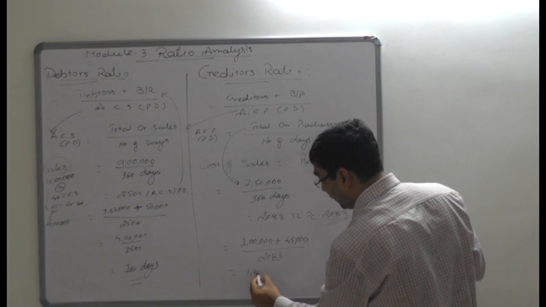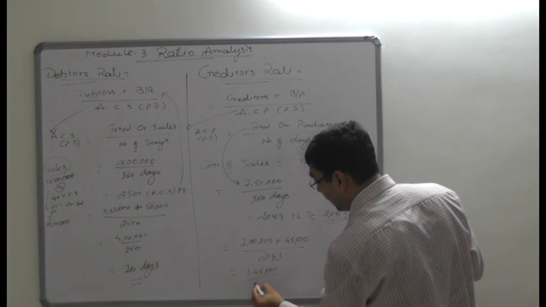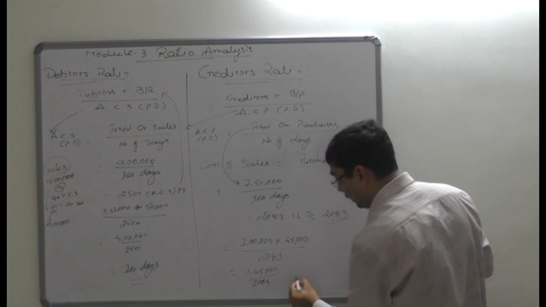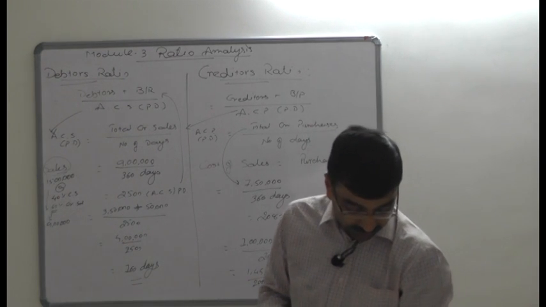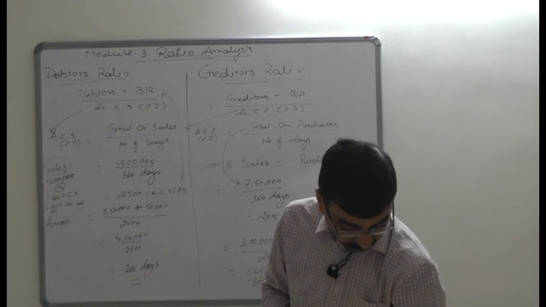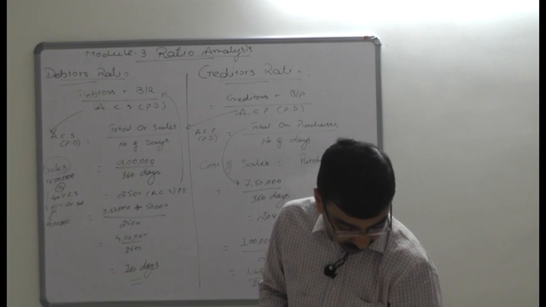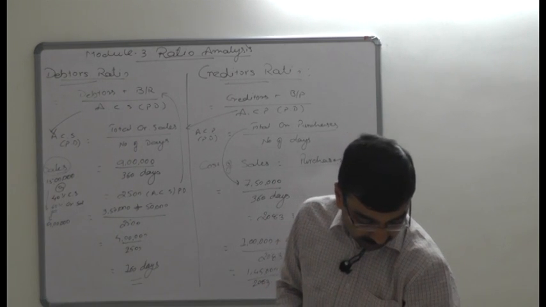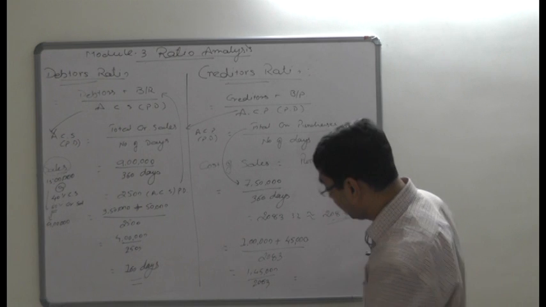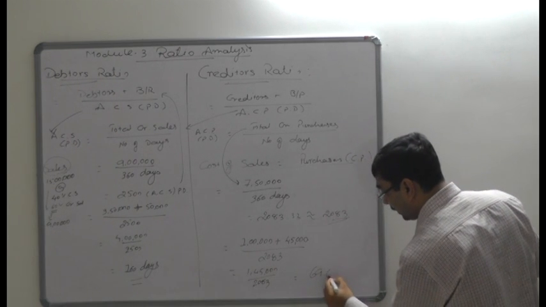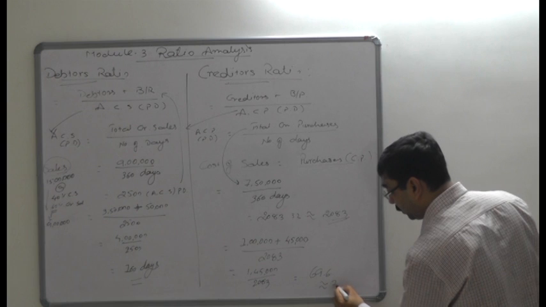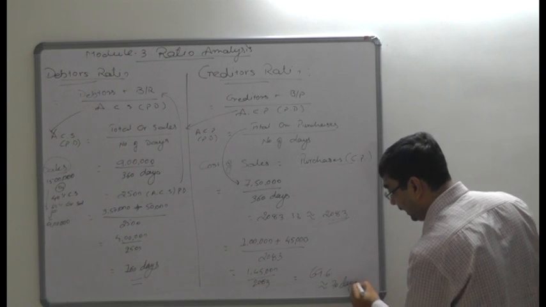So 1,45,000 divided by 2083 comes to 69.60, almost 70 days.